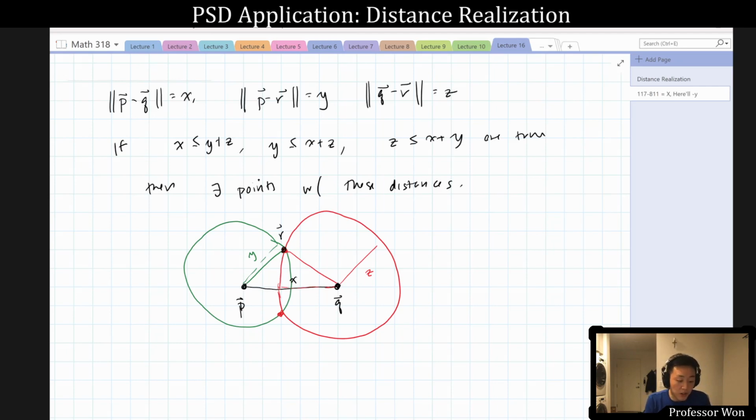Okay, but the more general question is, if you have a bunch of distances in n-dimensional space, is there a configuration of points that achieves these distances, that realizes these distances? Okay, so the generalization.